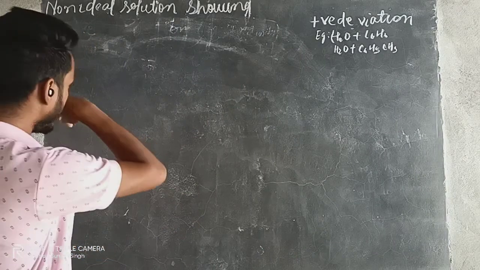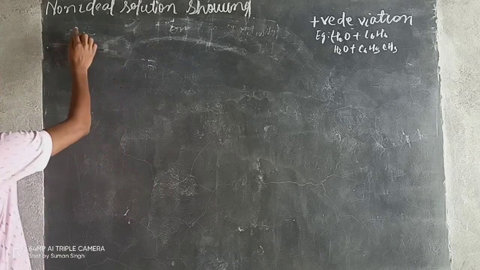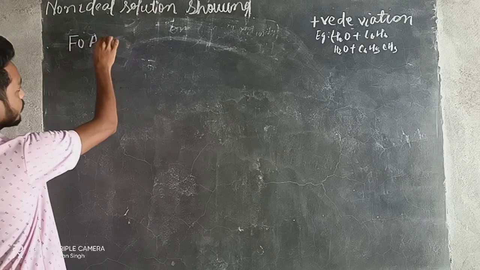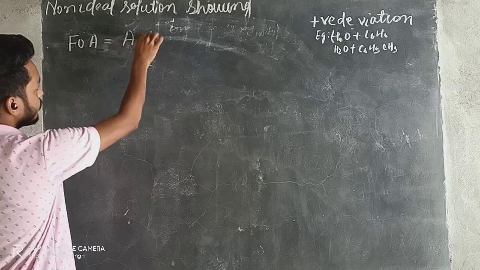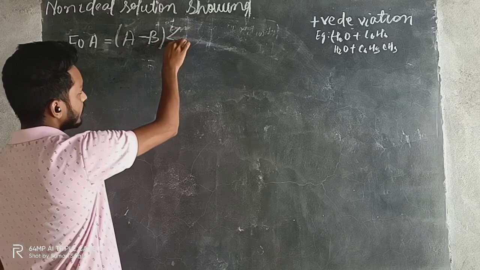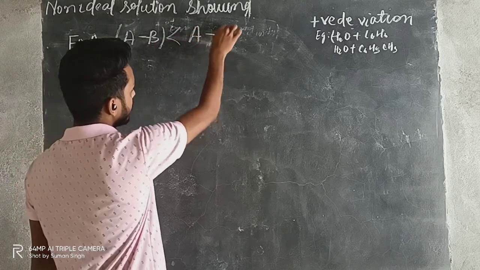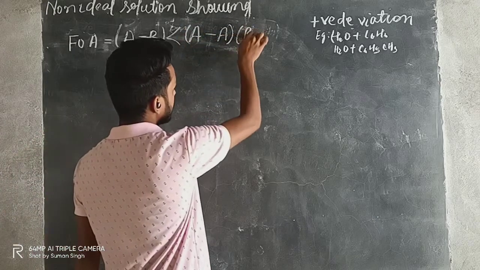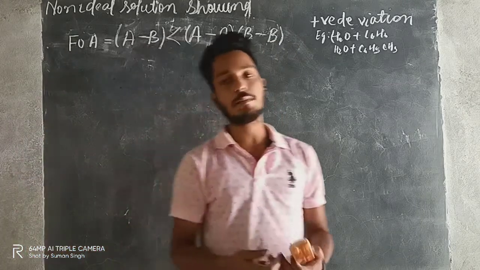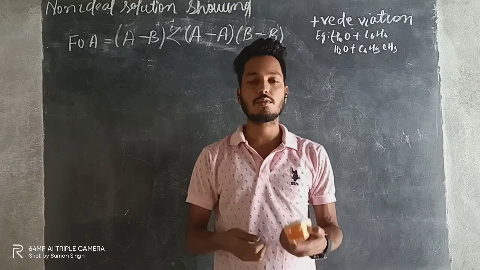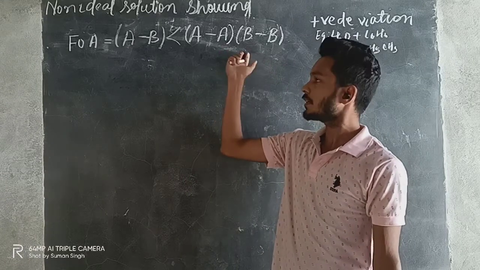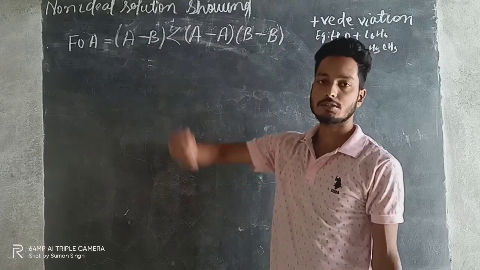In positive deviation, the force of attraction between AB will be less than AA and BB interactions. That means the force of attraction between A and B in the new AB interaction is less than what it was in the case of AA and BB.